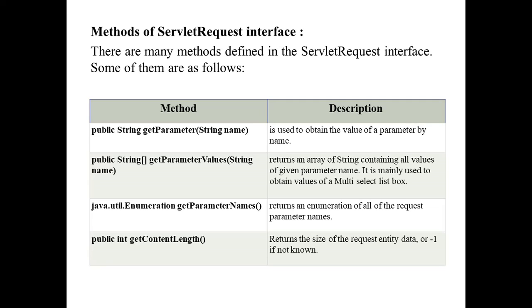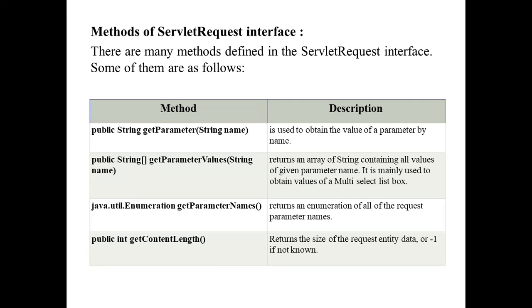When only a single value is there, then the getParameter method is used, and when you can return multiple values, then the getParameterValues method is used. Then the next method is java.util.Enumeration getParameterNames(). This method returns the enumeration of all the request parameter names.